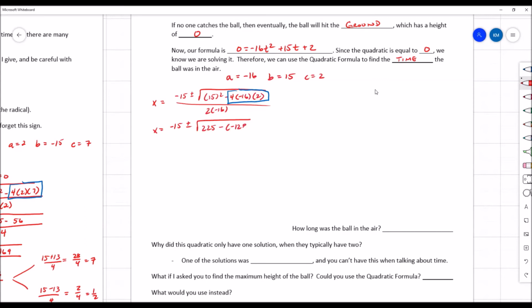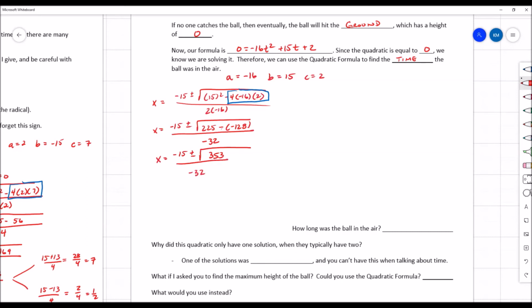In this case, we have minus and negative, which means we'll be adding, over negative 32. I want to keep that separate so that I understand what's happening there. Now simplifying further: negative 15 plus or minus the square root of 353 over negative 32.